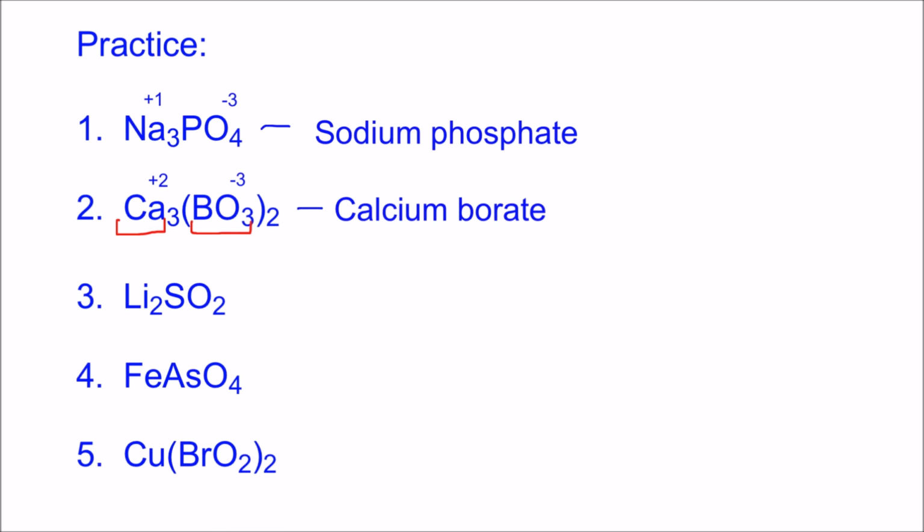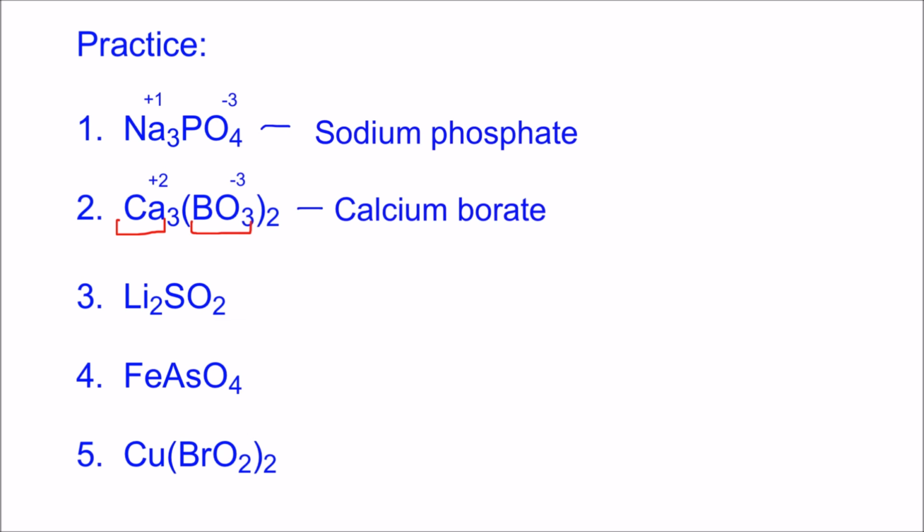So this 3 here got crisscrossed down here, and now anytime that you're bringing a number other than 1 down onto a group of elements, you need to put those elements in parentheses and then bring the number down on the outside of the parentheses. The reason for that is because this number applies to everything in the parentheses. It's saying that we have 2 borons and that we are multiplying our oxygens by 2 as well.